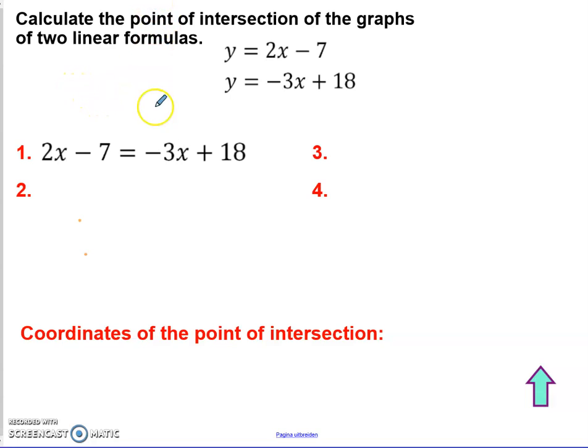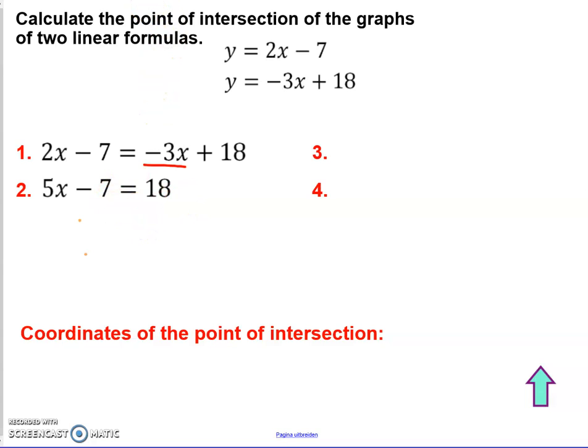First step, I want minus 3x to go away, so I do the opposite, and that's plus 3x. We do this on both sides, so 2x plus 3x will be 5x minus 7. On the right side, there's just only 18 left. So I did plus 3x on the right side and on the left side of the equal sign.